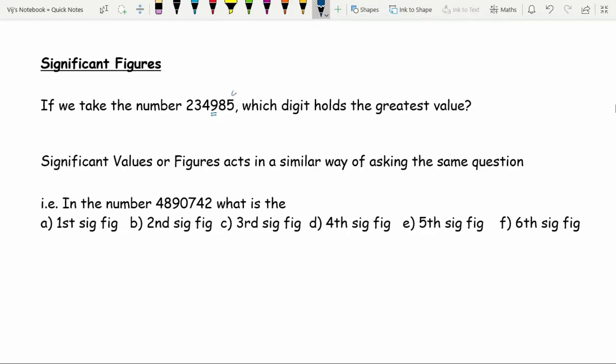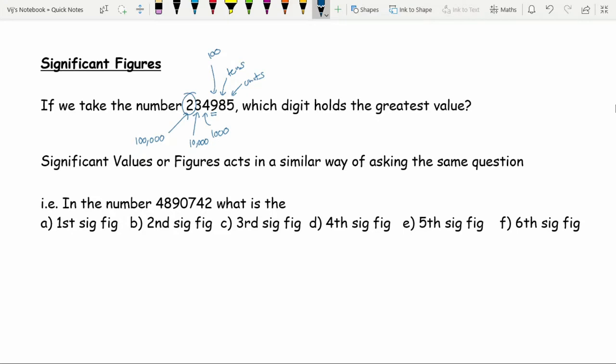Because the 5 represents units, the 8 represents tens, the 9 represents hundreds, the 4 represents thousands, the 3 represents 10,000, and the 2 represents 100,000. So actually, the digit that holds the greatest value is going to be the 2, because that represents 200,000.